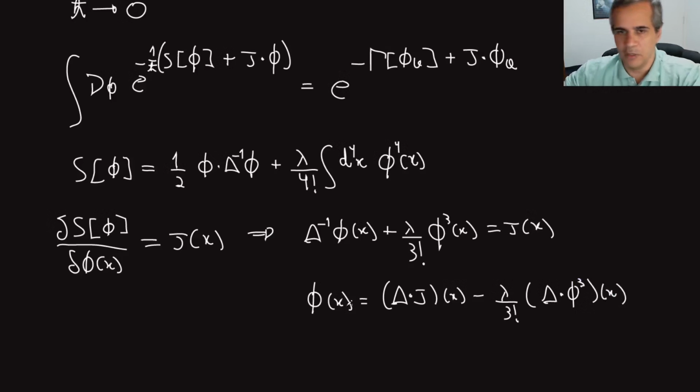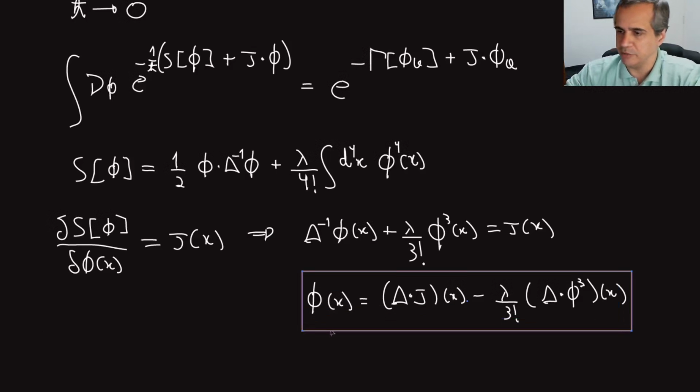This is a formal solution to that equation. And again, I'm writing this formal solution as a recursion relation, because phi of x shows up on both sides of this equation.